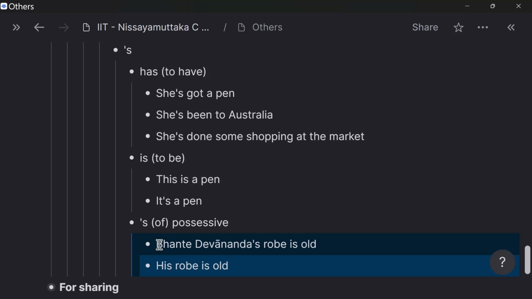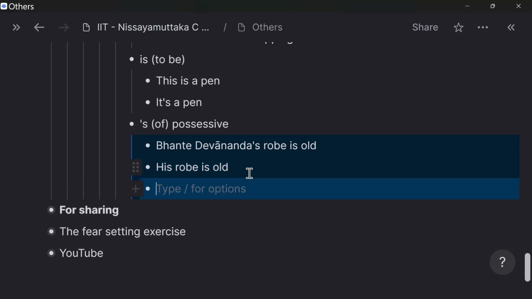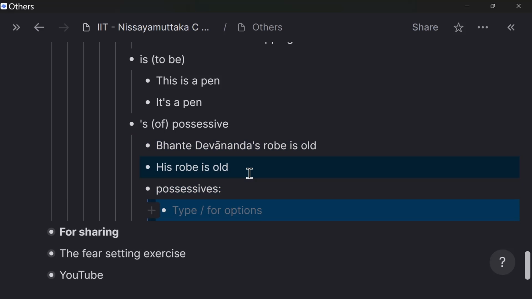His is the possessive. This is the possessive for he. Remember? His, her. Yes, his or hers. Remember? What are the possessives? What are they?